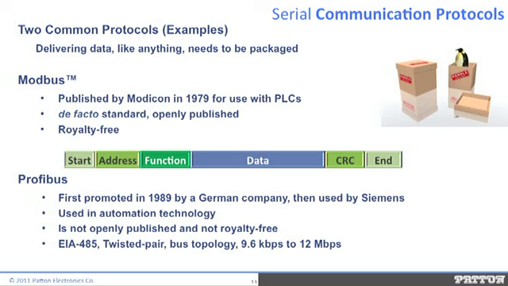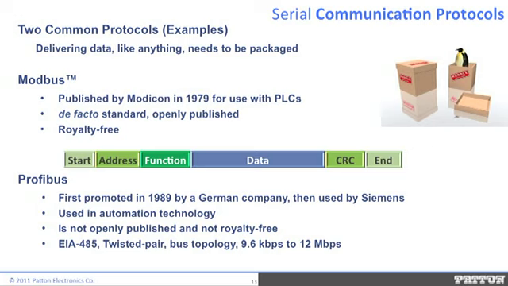Now, in contrast to Modbus, let's look at the example of Profibus, another very popular industrial communication protocol. A German company first promoted it in 1989 and subsequently it was used by Siemens. It was designed principally for use in automation technology.